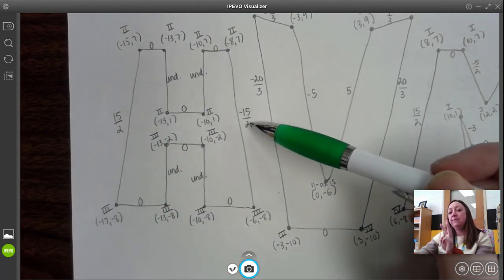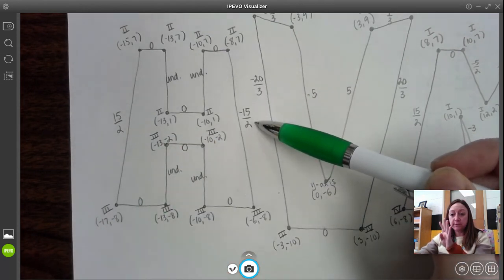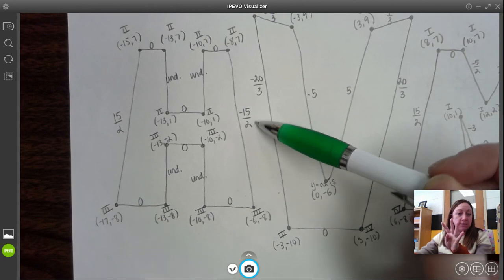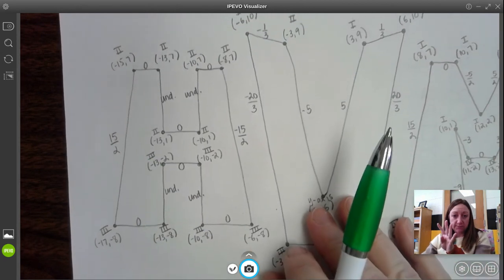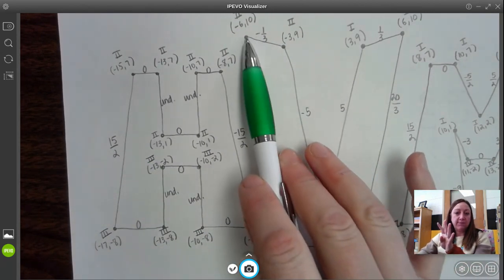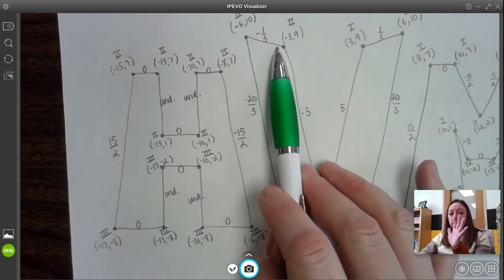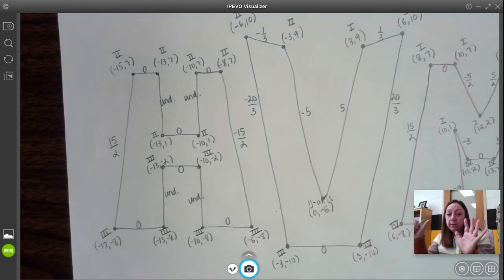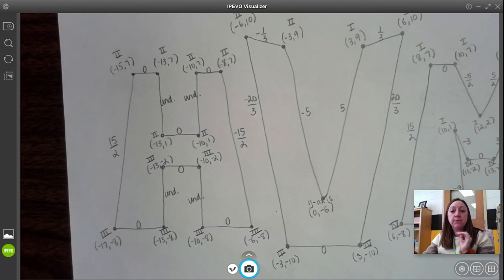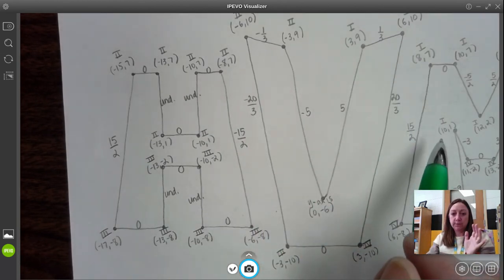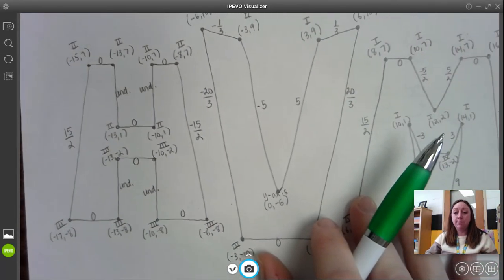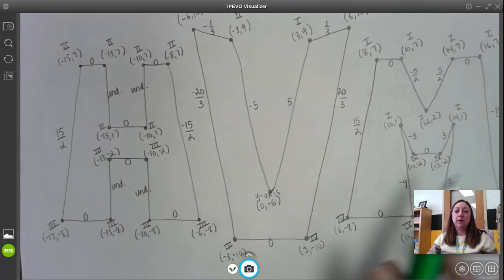Here I have negative 15 over 2. That's a fourth slope. It's okay if it's the negative version of the other one. That's still different. And then over here on my V, I have a negative 1/3. I have a negative 20 over 3. And then I have even more slopes. I actually have way more than 6, but they are all here and they're all labeled.